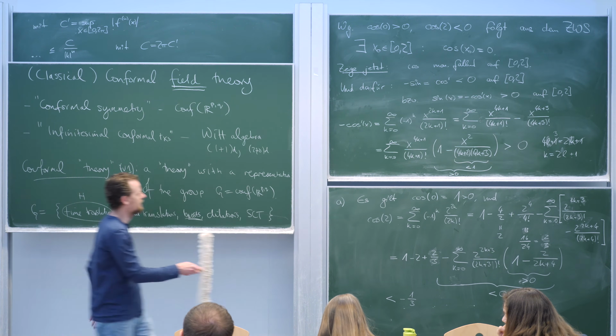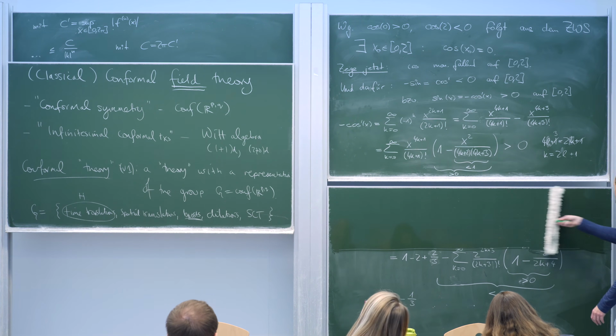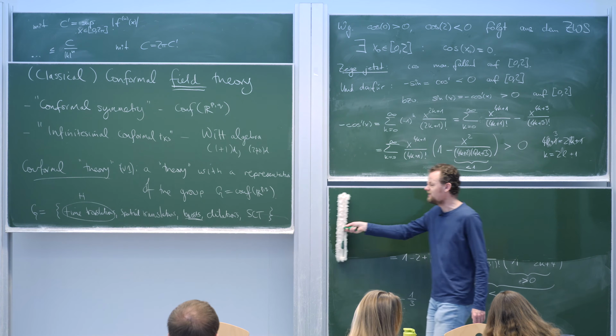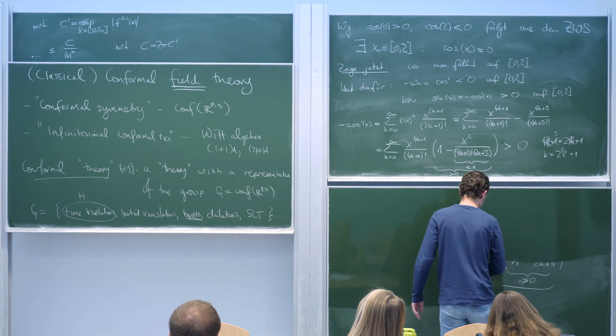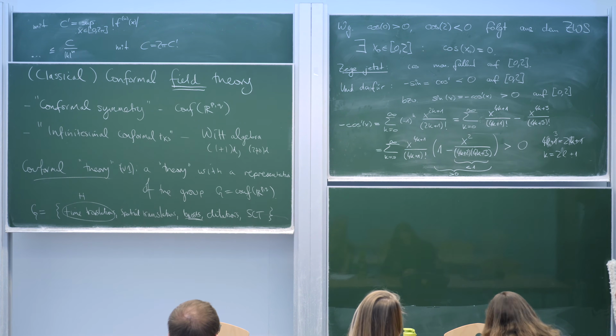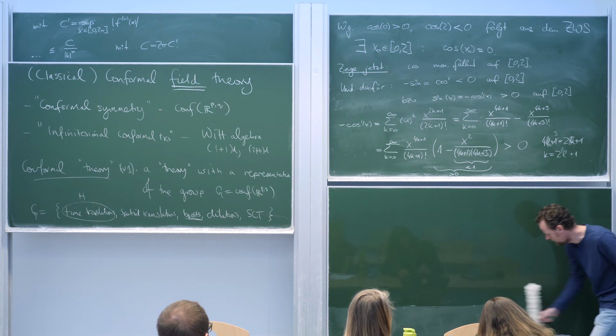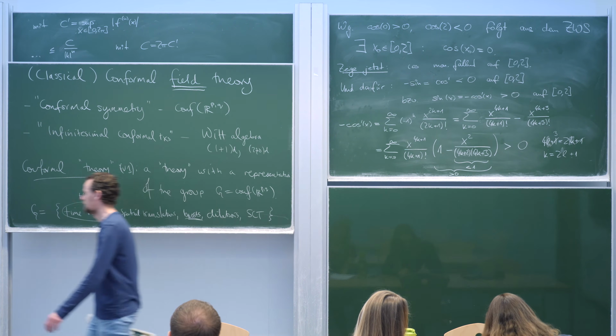Now maybe this isn't so hard. It could be that it's easy to find representations of the conformal group. And the answer is, well, yes, it is pretty easy. We can characterize them. We have Lie group theory, Lie algebra theory, to work out all the representations.